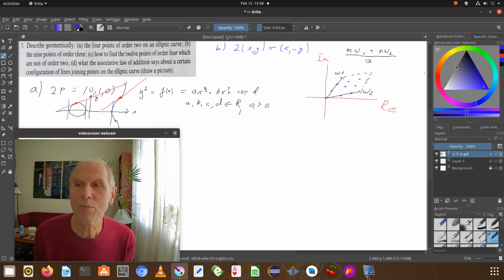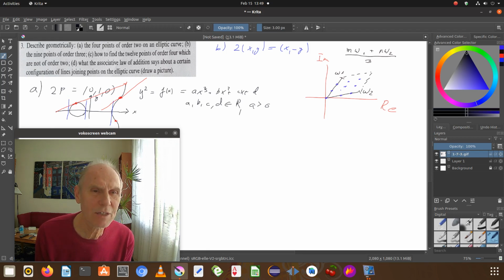Now 12 points of order 4, which are not of order 2. So geometrically we have to find somewhere where we have a tangent going through these points.